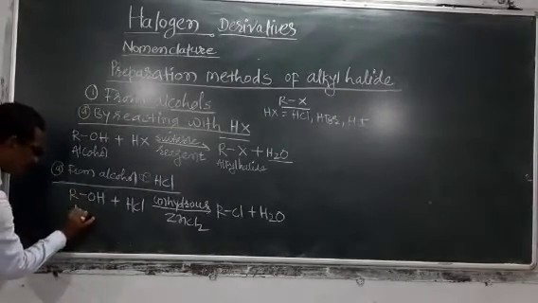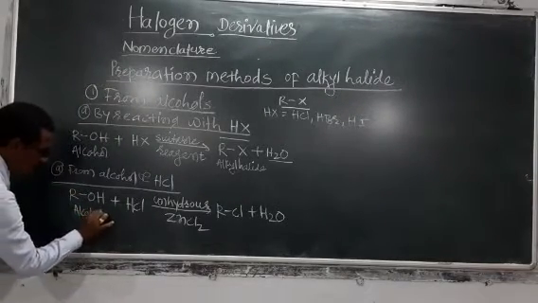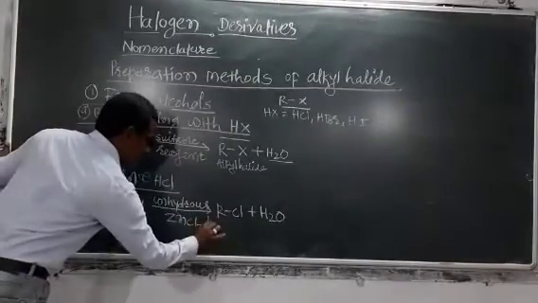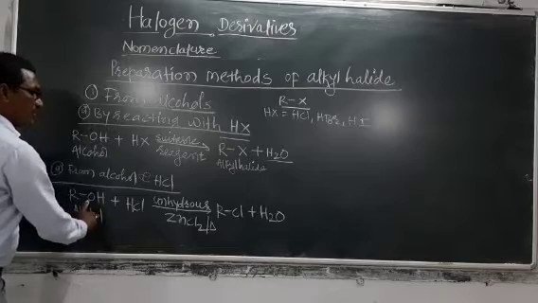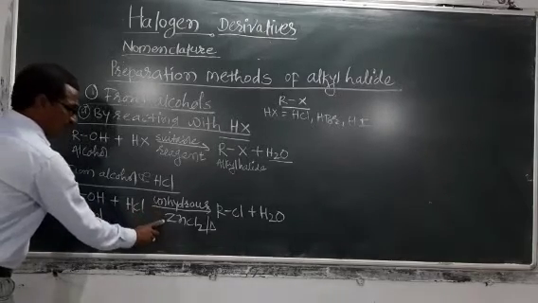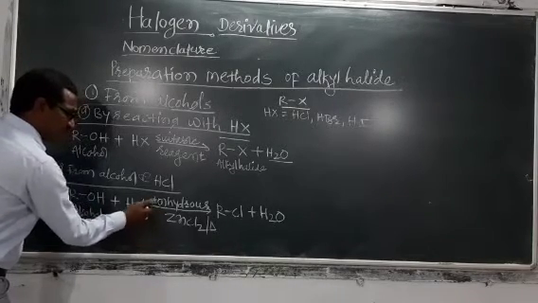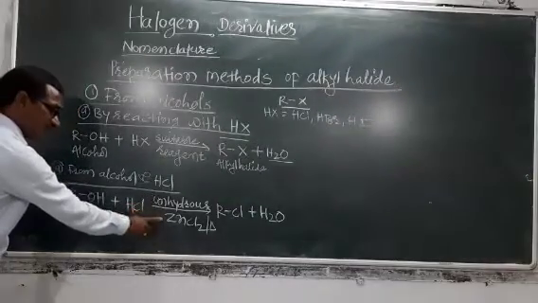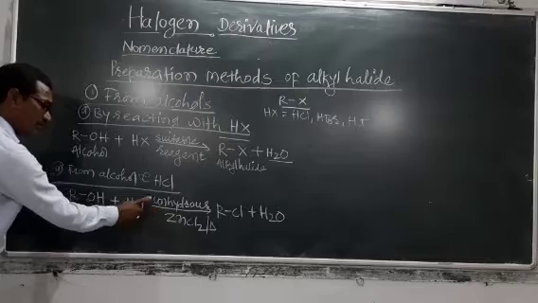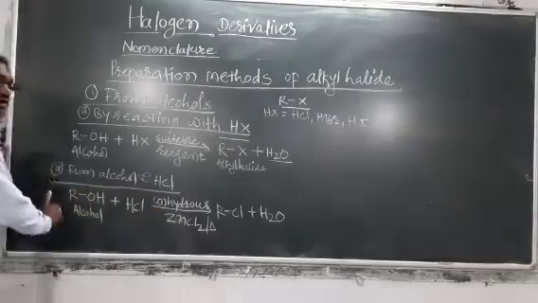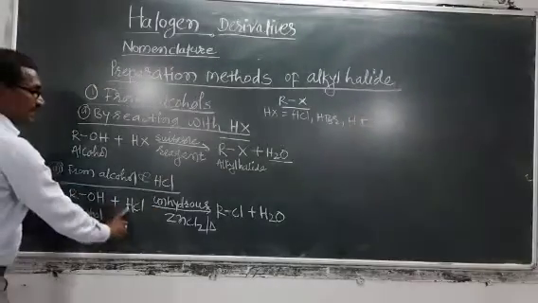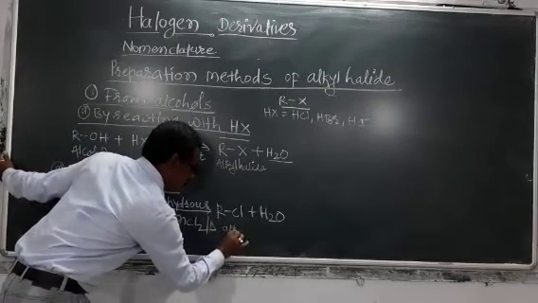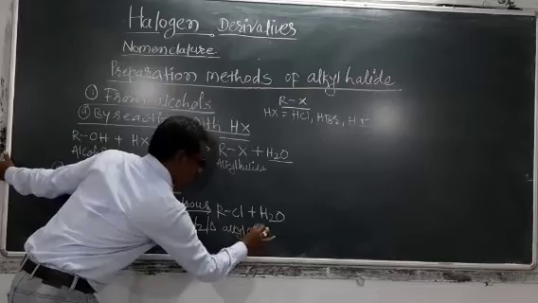Here this is alcohol and HCl, hydrogen chloride. Here we may write heat also. Alcohol is treated with HCl in presence of anhydrous ZnCl2. This is a very important point. We must write anhydrous ZnCl2, otherwise the reaction will not proceed. When alcohol is reacted with HCl, it gives alkyl chloride.